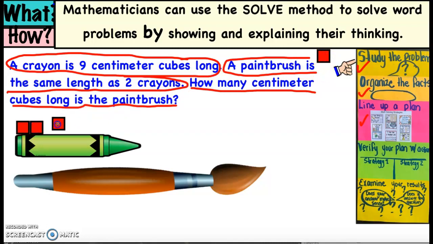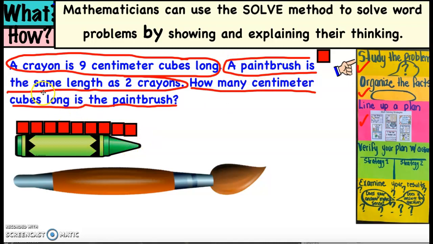You guys probably don't have centimeter cubes, so don't worry. 3, 4, 5, 6, 7, 8. Did you notice how I'm lining them up and there are no spaces? That's how we measure. It's about 9 centimeter cubes long. So we have 9. So we know that that's one crayon.